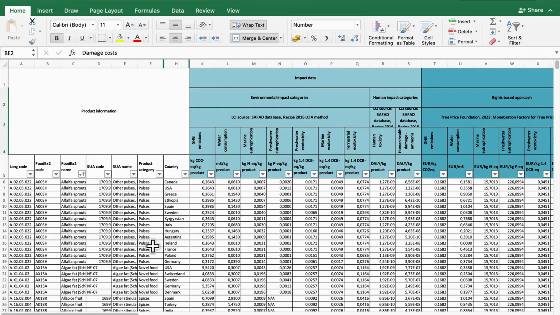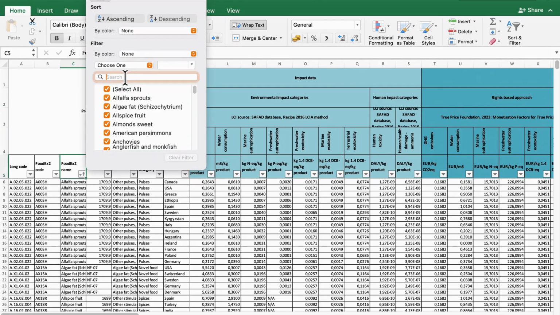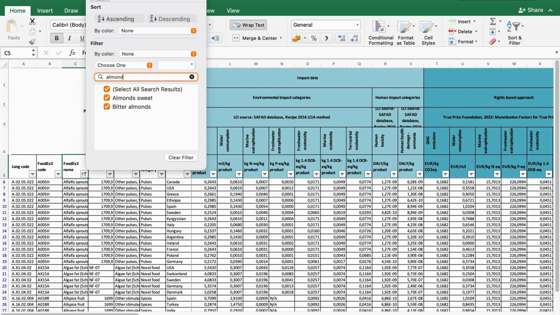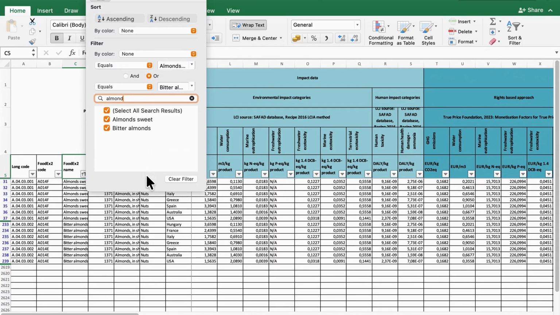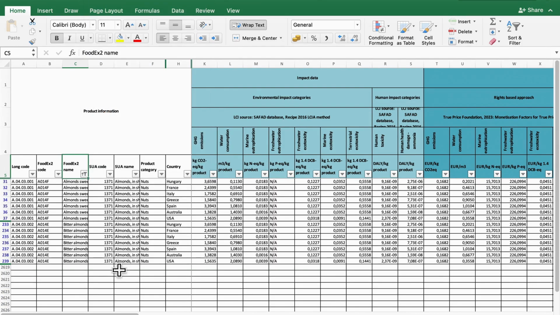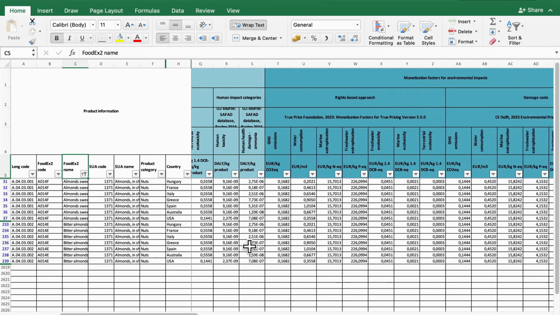So there's a few different ways in which you might interact with the database. So one way would be to simply search for a certain food. So for example, I might search here for almonds and then find that we've got two different types of almonds, sweet almonds and bitter almonds, produced in various different countries.